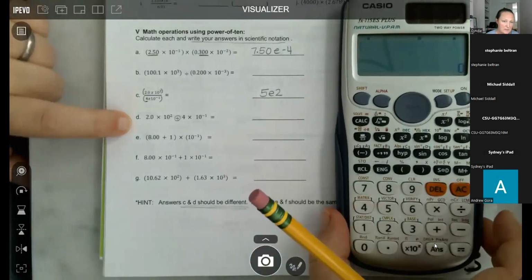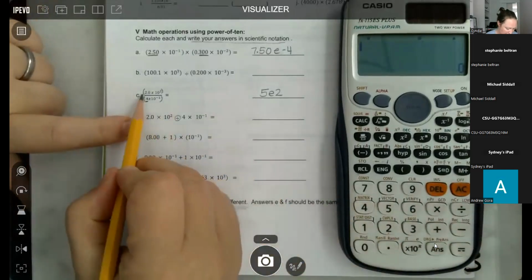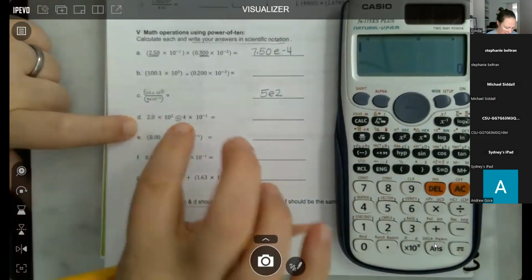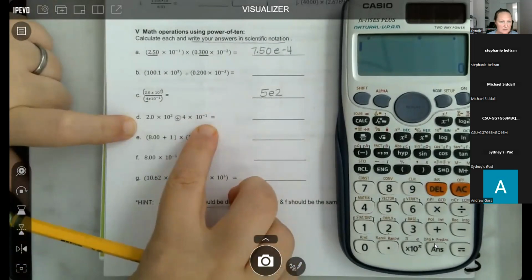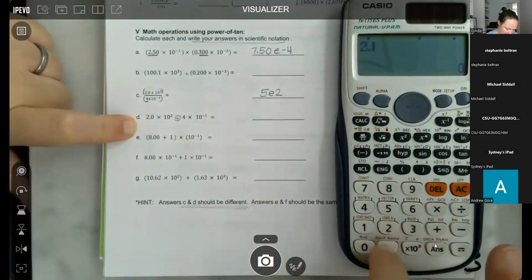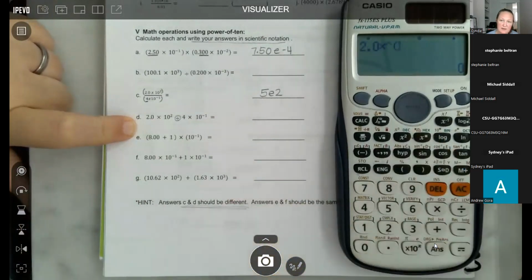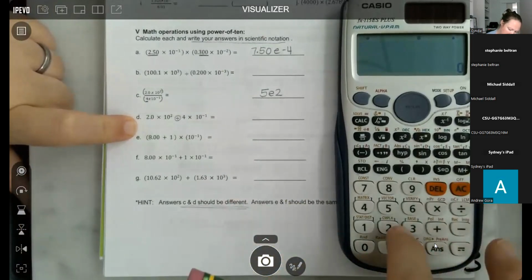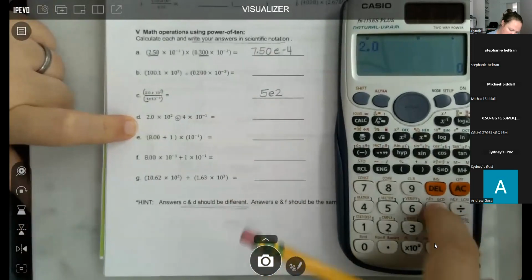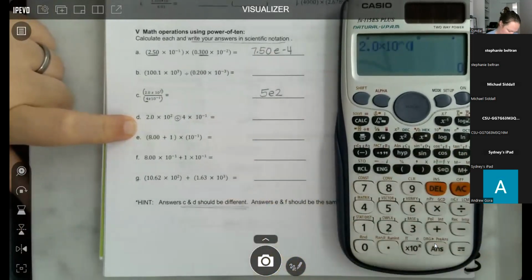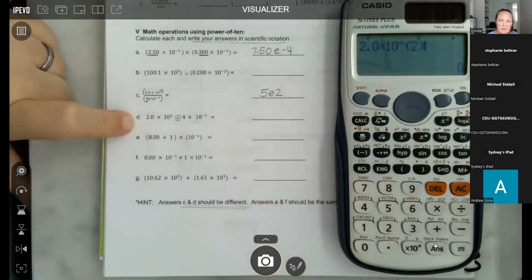Okay, so for this one, right, if they don't have a numerator and a denominator clearly written out, then we're not going to use parentheses. Right, so it's going to go 2.0 times, I can use this button for 10 to the, right? Oh wait, I was supposed to do that differently, sorry. 2.0 times 10 to the 2, right?